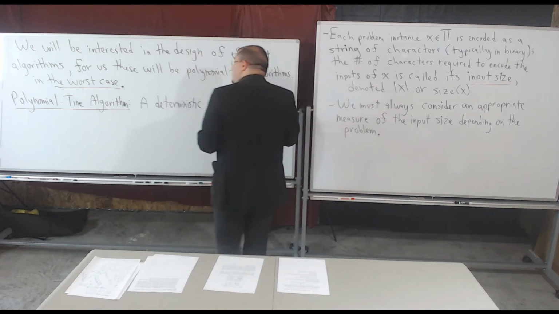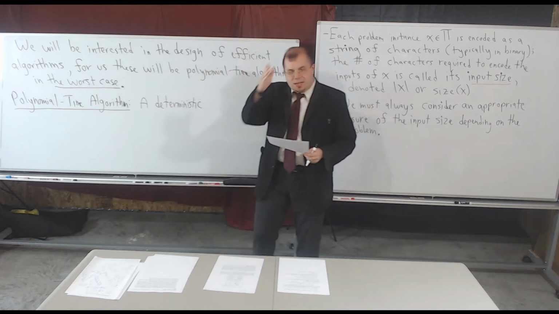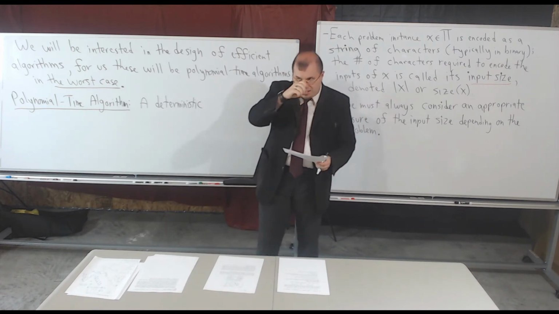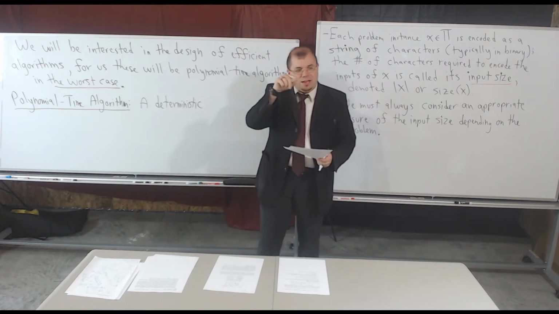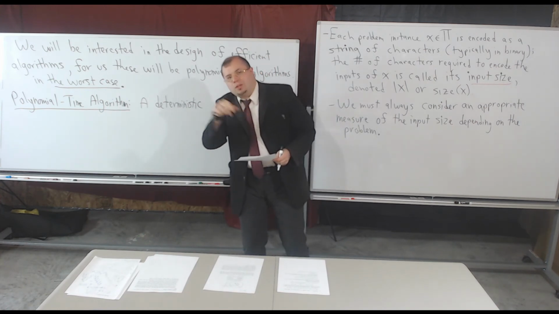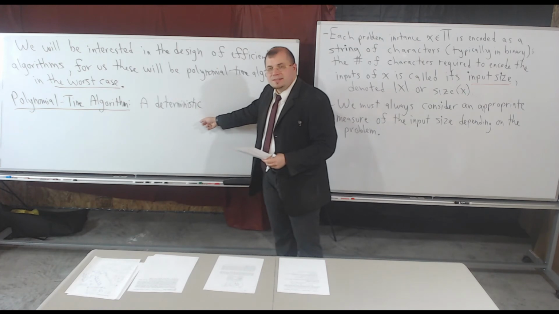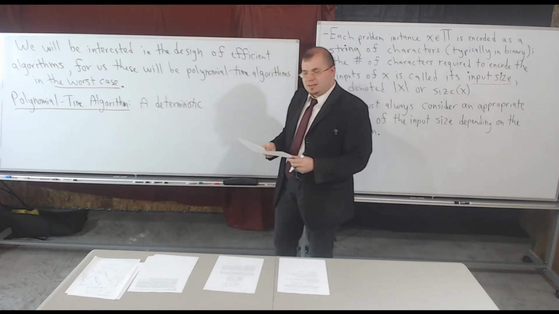That means that when I provide a sequence of operations, they can't all suddenly happen in parallel. Each step follows the one before it. This is in contrast to non-deterministic, which I'll probably talk about next class.